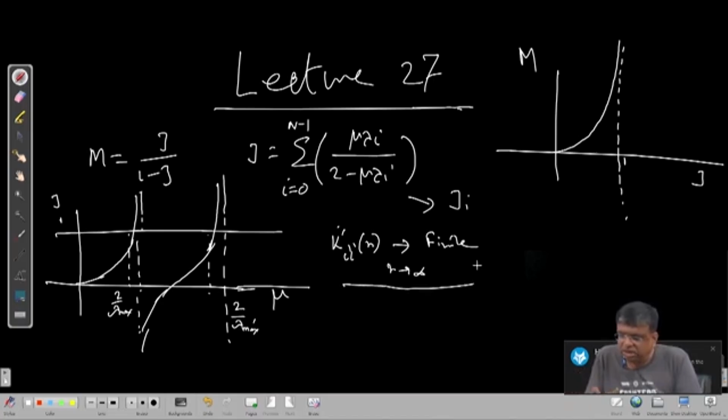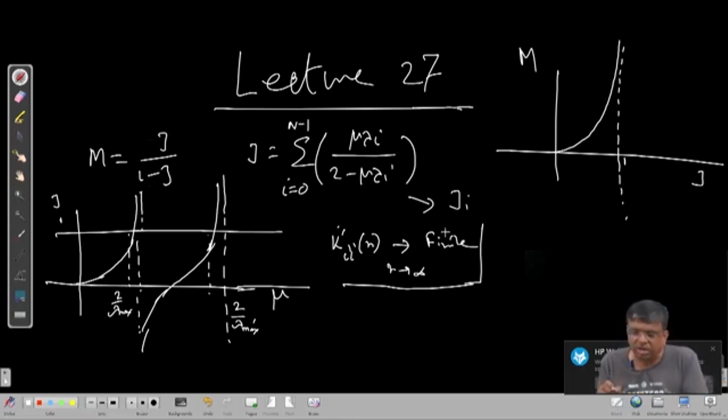But before that, one thing is sure, if M is infinity, that is J equal to 1, those values of mu cannot be part of the region of convergence. That is, these figures k prime n cannot converge to a finite value for those mu, because if it at all converges to a finite value, it will converge to this expression where J is not equal to 1, because J equal to 1 means infinity, so it will not converge.